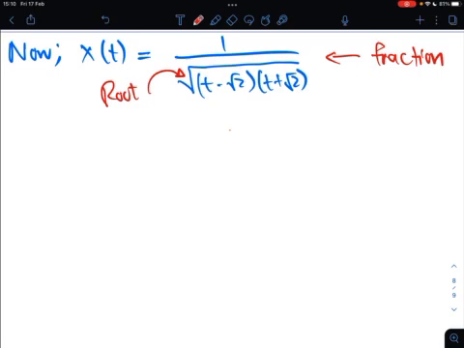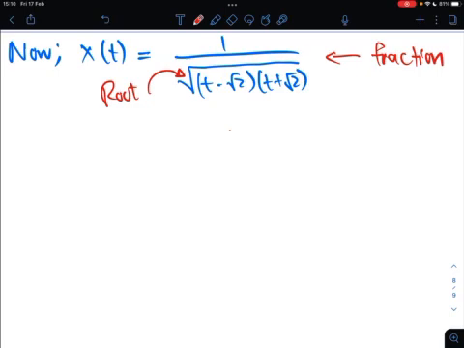So we have to ask ourselves, what do we know about fractions? One thing we know is that the denominator of any fraction cannot be 0. So it means we have to exclude all the t values that might cause it to be 0.